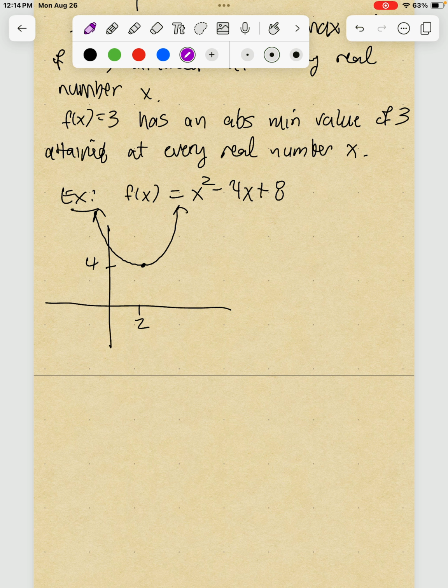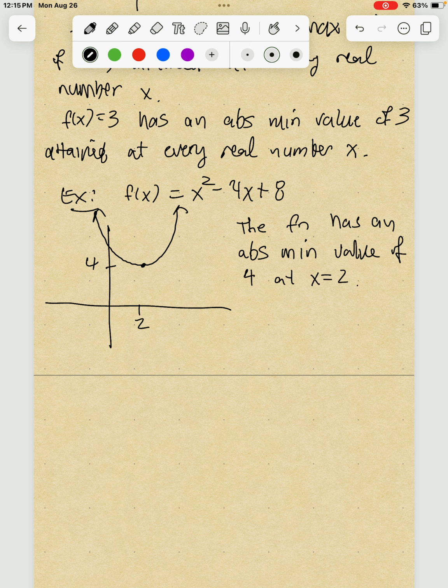So this does have an absolute minimum value. This function has an absolute minimum value of 4 at x equals 2, because this y value is achieved when you plug in x equals 2, and it's smaller than or equal to all the other y values of the function, which in this case are all bigger than 4.